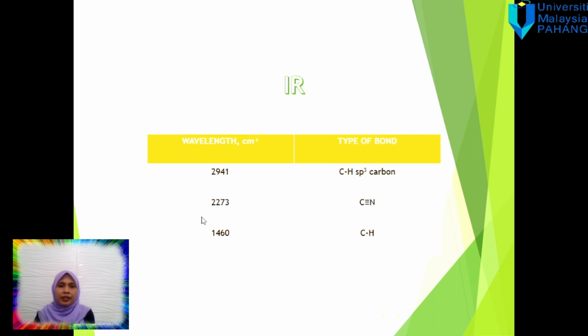In this case they have 3 FTIR signals, so we interpret each one: 2941, 2273, 1460. 2941 is for sp3 C-H, 2273 we predict the presence of C triple bond N, and 1460 is the presence of CH. Correction, sorry, 1460 is for CH, not CC.